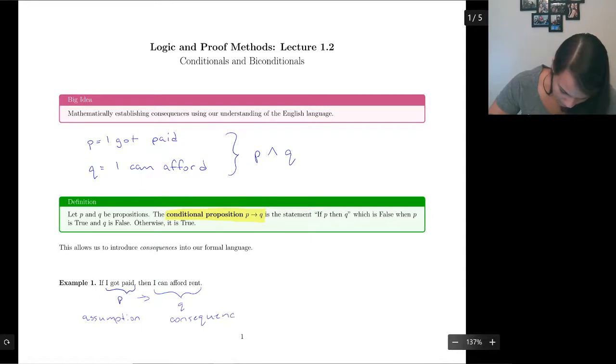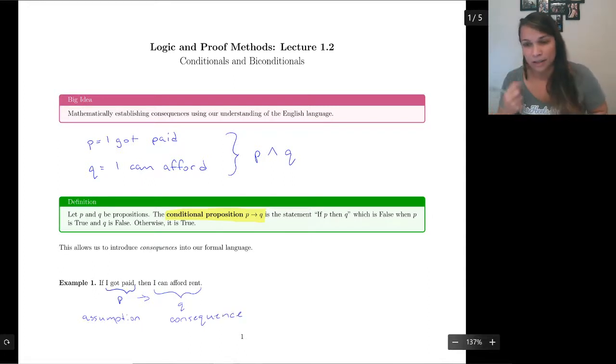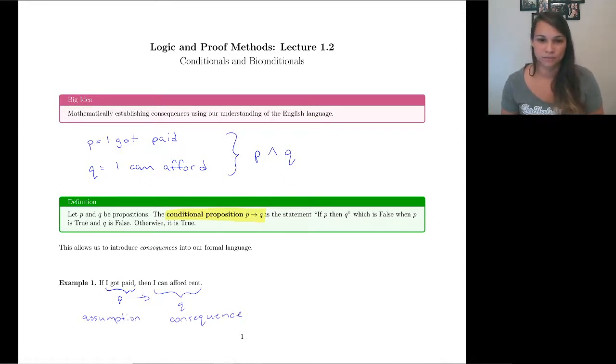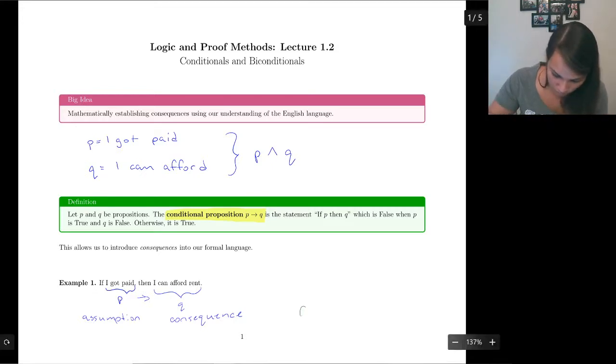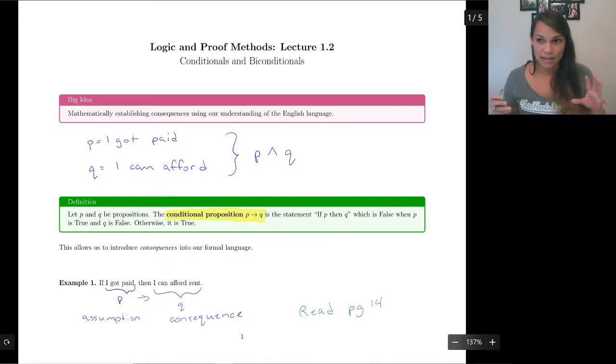And the book has fancy words for this, but I really don't care about the fancy words. I care about you understanding what this means. And you should really go read page 14 again, because that has a long list of a bunch of different ways to say if then.